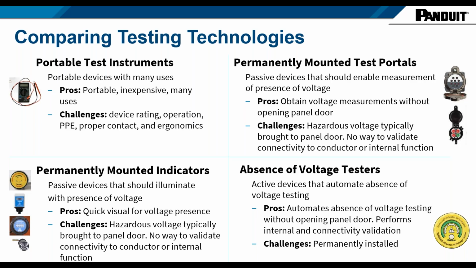You push that button, it's all pre-programmed to check itself, check all these different items, and go through that process. It automates that process, takes out that complexity, takes out that time, takes out that hazard of having to get in there with a portable meter and PPE, and it also verifies that it's connected properly and its internal components are functioning properly.